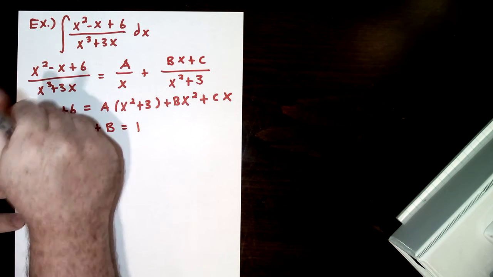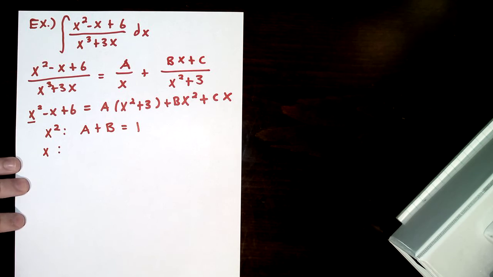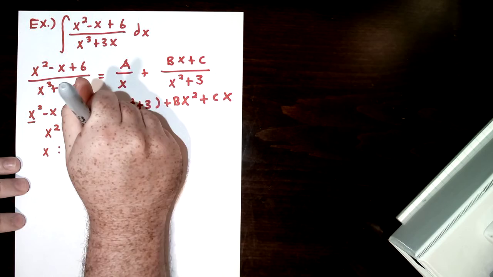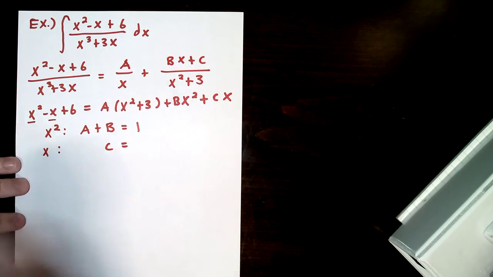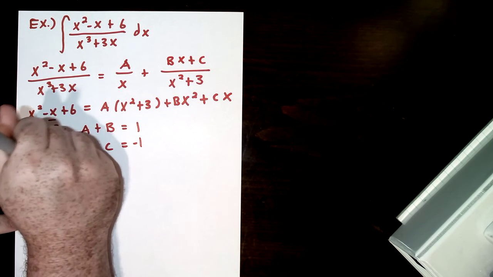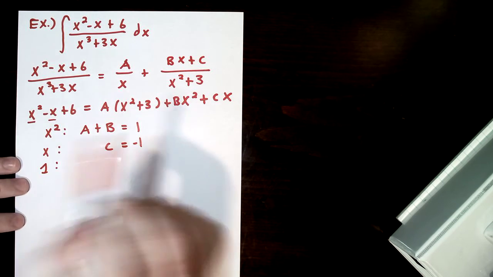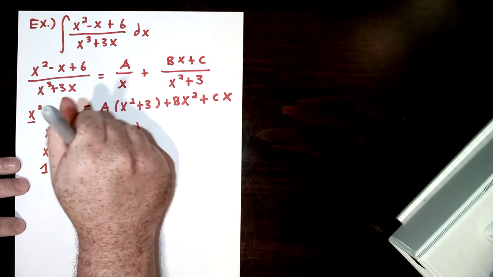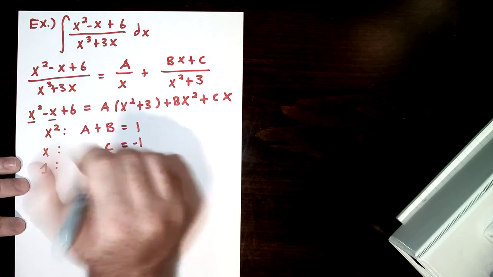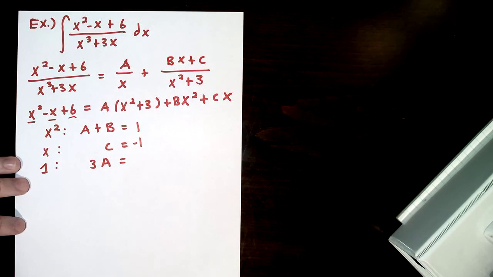Now let's compare our x coefficient. The only thing that has a coefficient with x is c, and the x coefficient on the left is equal to -1. That's easy enough. And let's go over our constant term. We have 3a, that's the only one. So 3a is going to be equal to, well, the constant term on the left is equal to 6.